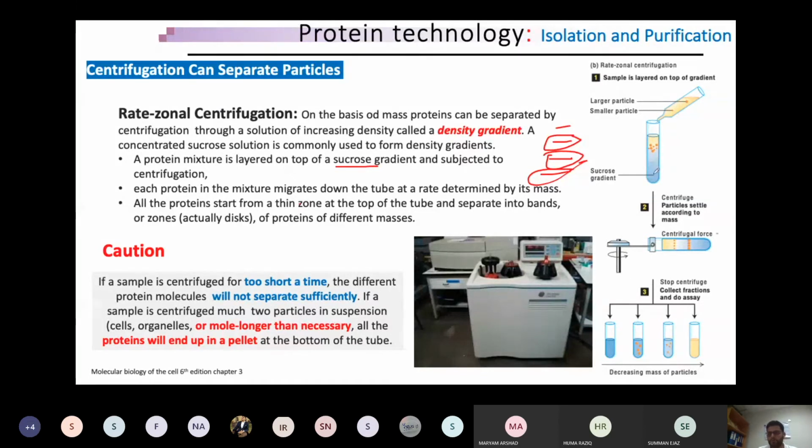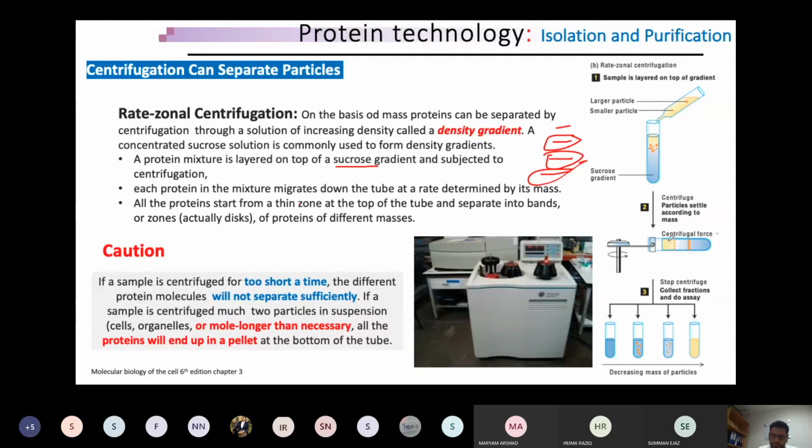So you see, this is the depiction of how it will happen. You have a sucrose gradient, this blue color, and then you loaded your protein fraction up there and centrifuged it at quite a high speed. You see there are heavier proteins, there are less heavy proteins, and there are proteins even at the bottom.